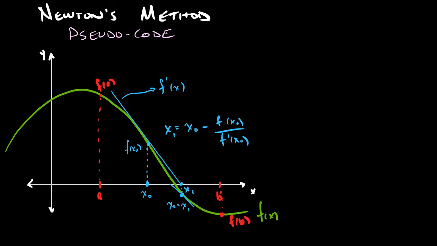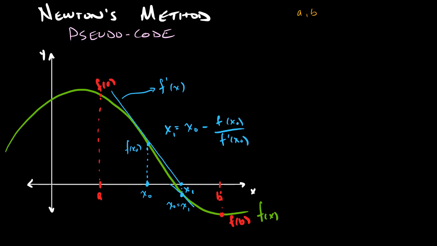And so let's go ahead and write out the pseudocode. Pseudocode is just a fancy word for saying this isn't programming language specific. But the first thing that we might want to do is set our bounds, right? So I might want to give an interval a and b, to tell the computer where I want it to look.